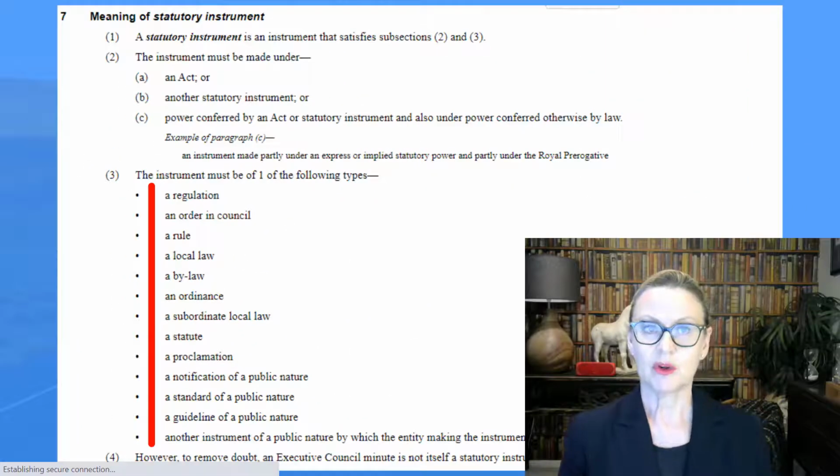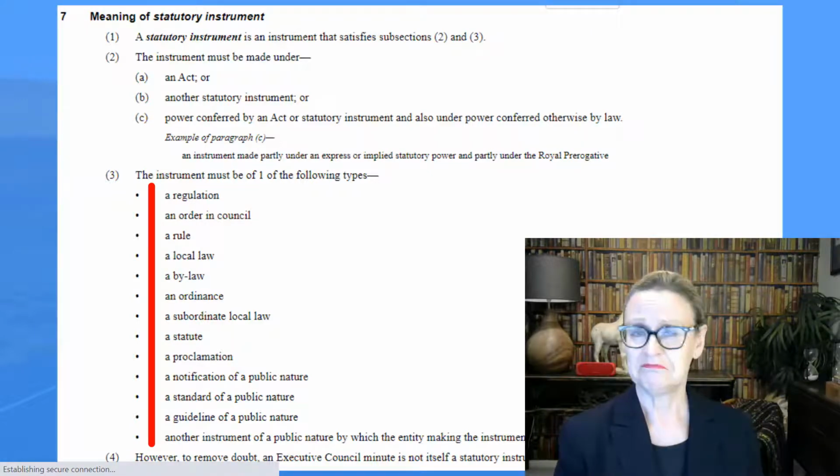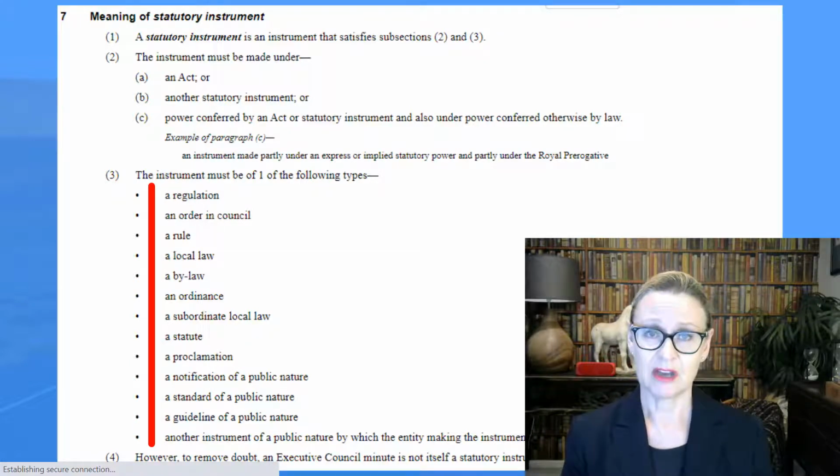If you're wondering how a statutory instrument is defined by the legislation, you might ponder whether the Acts Interpretation Act covers this. Yes, it does, but then it just points you to the Statutory Instruments Act, and in section 7 of the Statutory Instruments Act you'll find the meaning of statutory instrument.